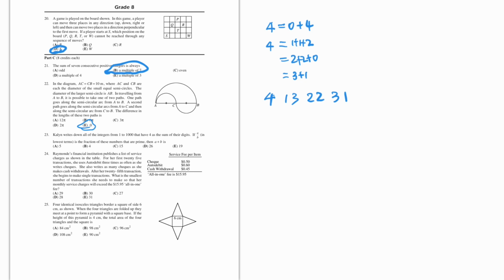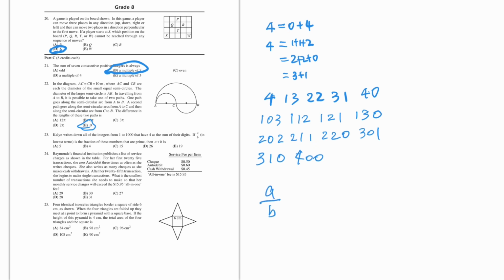For the 3-digit numbers, starting with 1: 103, 112, 121, 130. Starting with 2: 202, 211, 220. Starting with 3: 301, 310. And starting with 4, that's 400. Total 15 numbers.